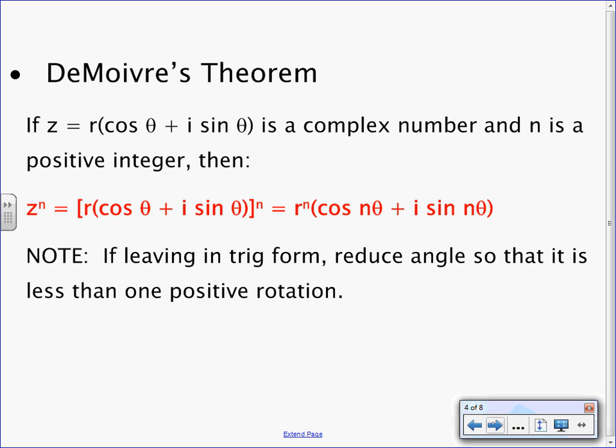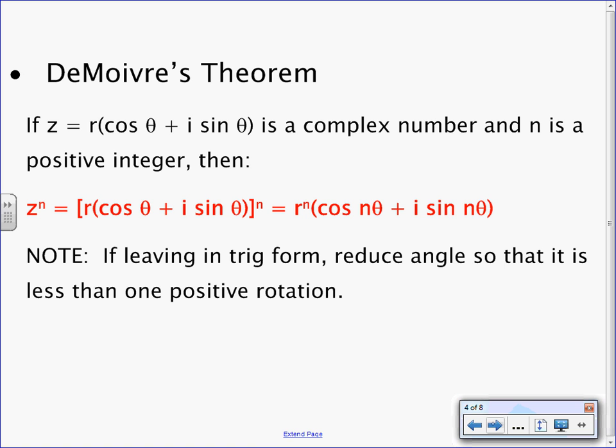So here you go. Anybody in front? How do you say it? De Moivre's theorem. Okay? If we have a complex number raised to a power, we take the r to that power, and we take theta multiplied by that power.